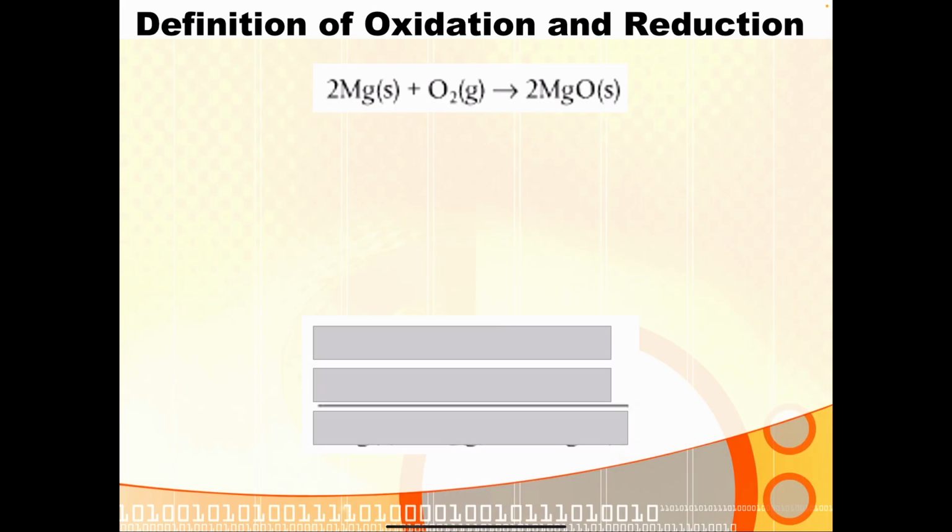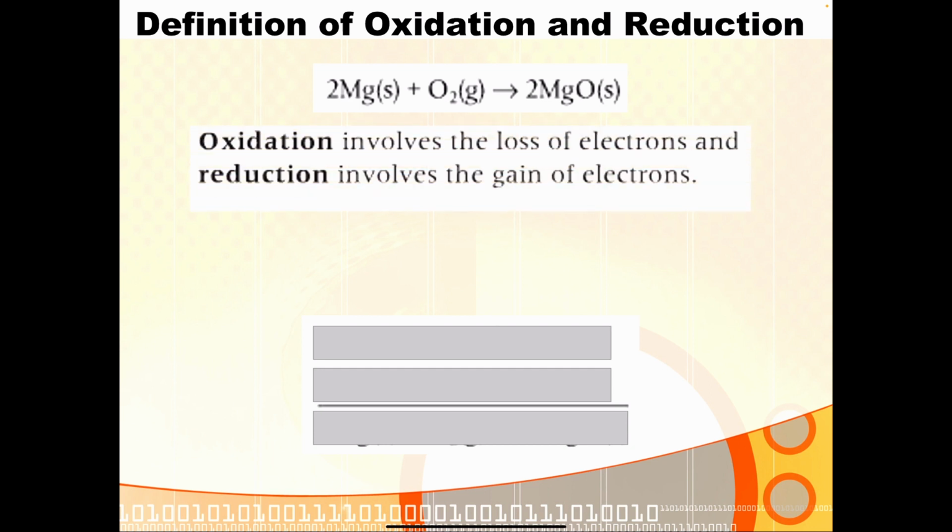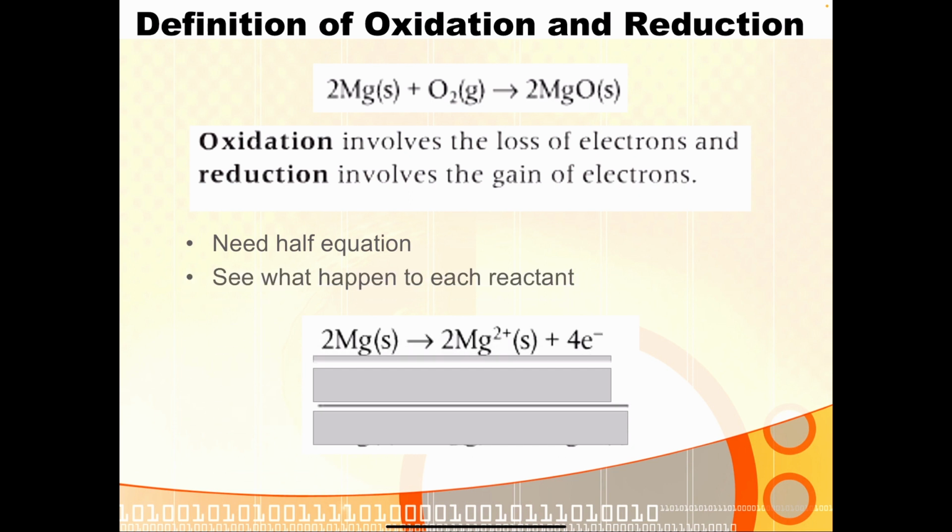Now, definition of oxidation and reduction according to loss and gain of electrons. So oxidation involves the loss of electrons and reduction involves the gain of electrons. To study this, we have to write down the half equation of the equation Mg plus O2 will give you MgO. So see what happens.